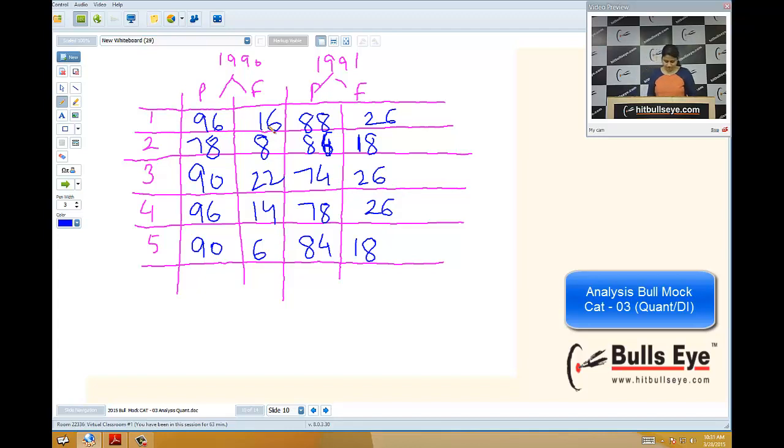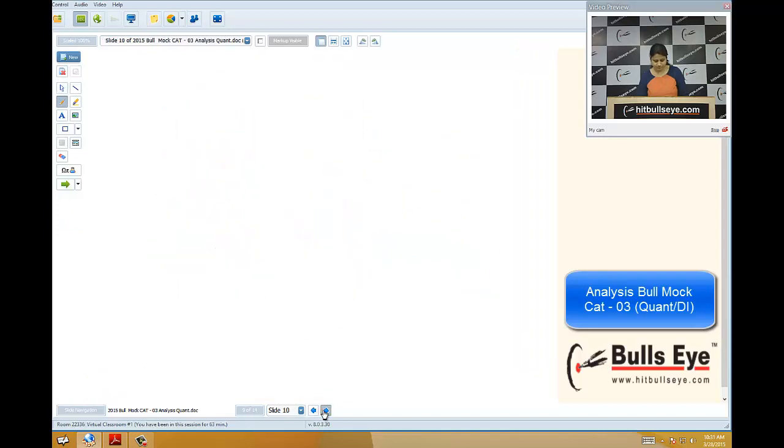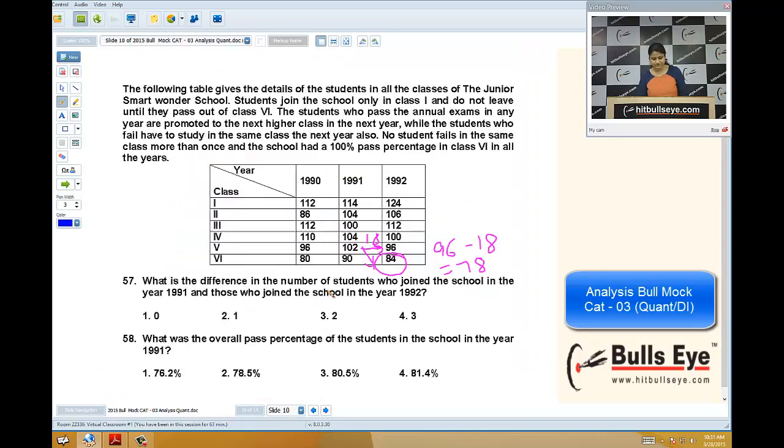Now, question 2, your question was question number 56. What was the question? It says, what is the difference in the number of students who joined the school in the year 1991 and those who joined the school in the year 1992?